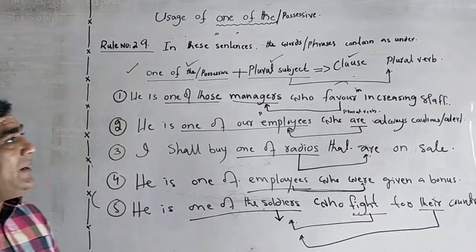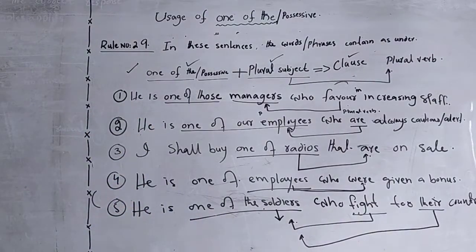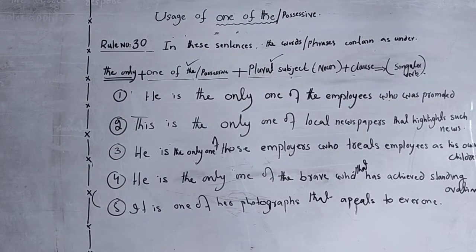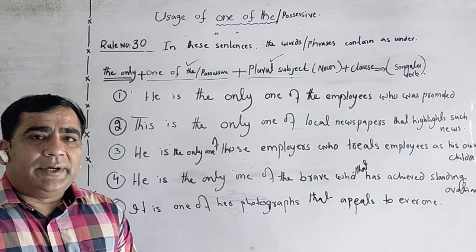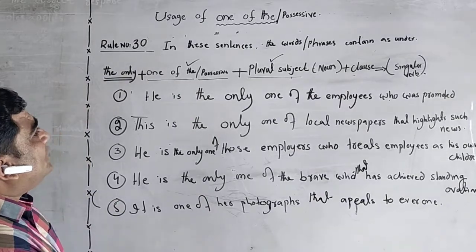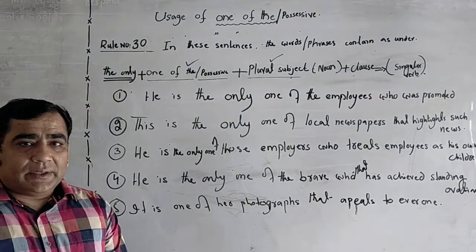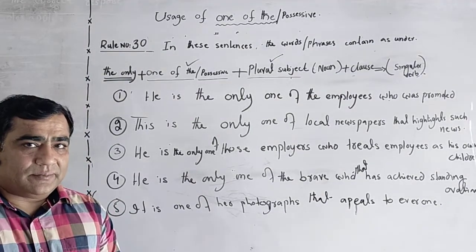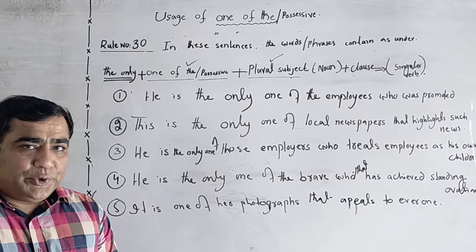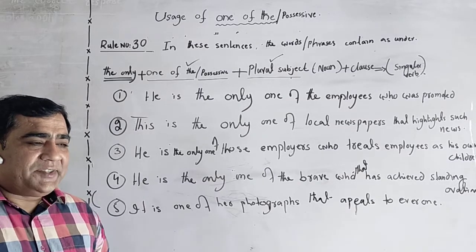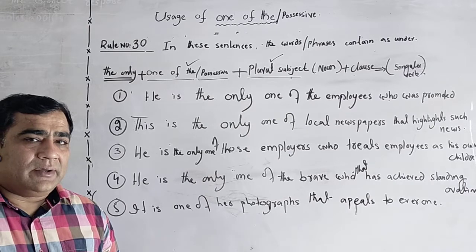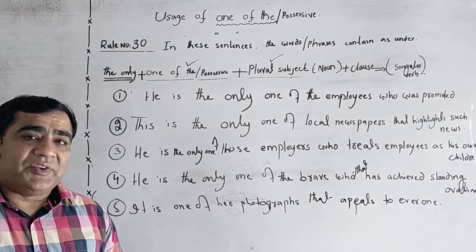See the next topic of "one of the." This is the third structure, of "one of the" or "one of" possessive. I have already told you that these structures are not confusing but interesting.